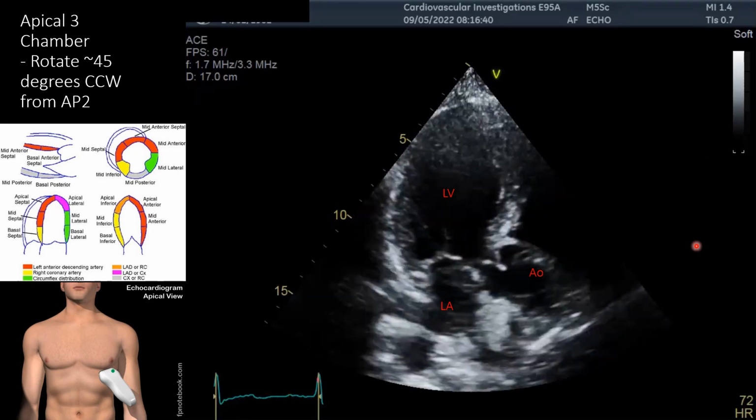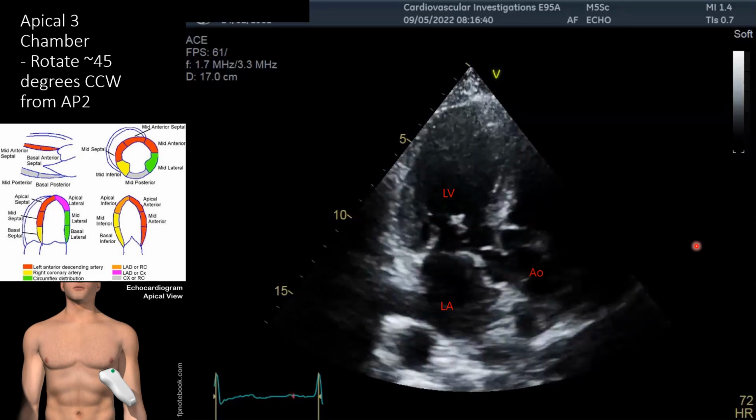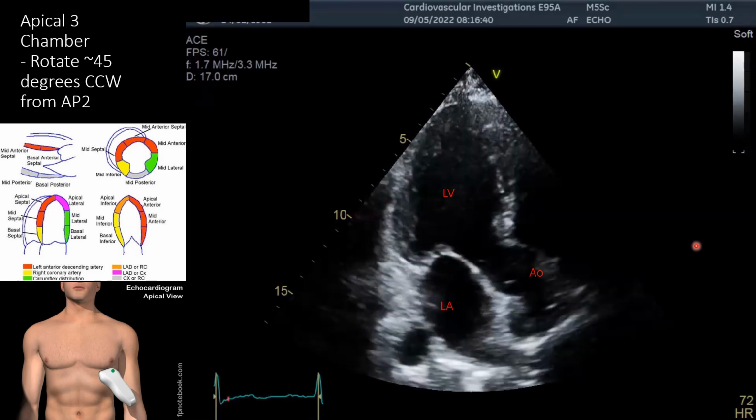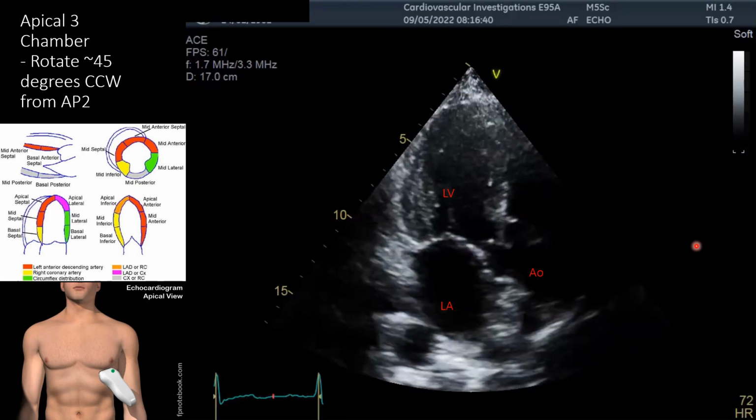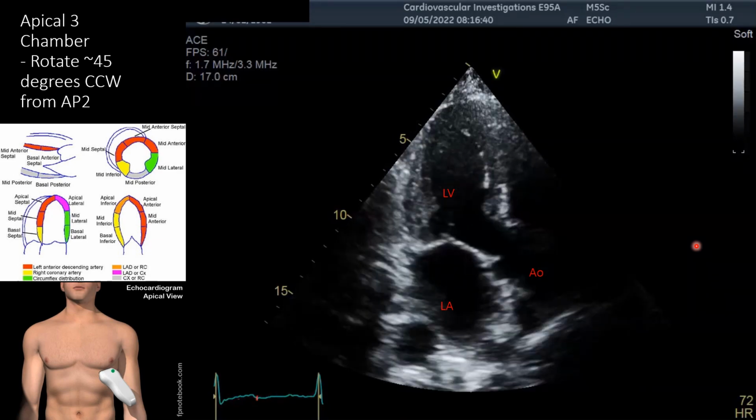This is in some textbooks called the apical long axis view, and you can see the analogies between this view and the parasternal long axis view.